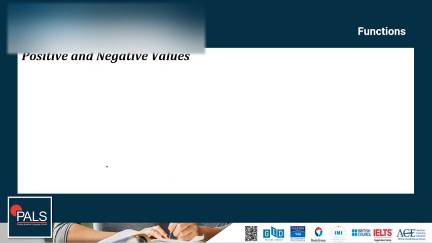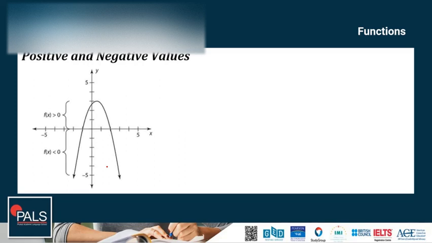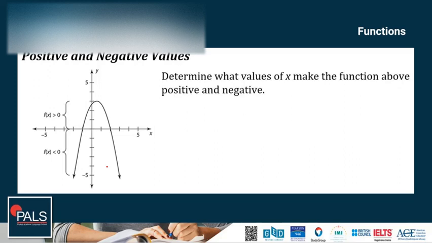Now, let's understand positive and negative values, especially by looking at the graph. Let's observe the graph. Determine what values of x make the function positive and negative. As you can see, when x is between -1 and 2, the values of the function are positive.